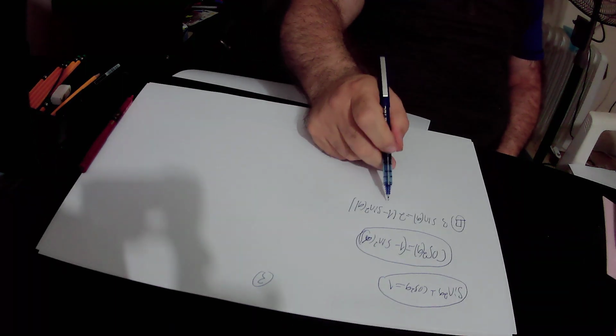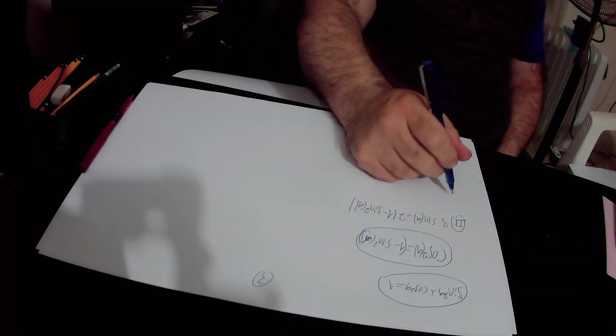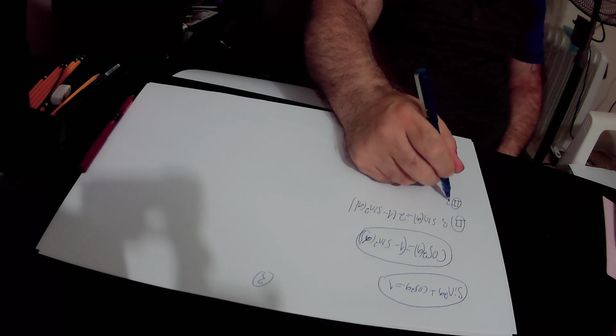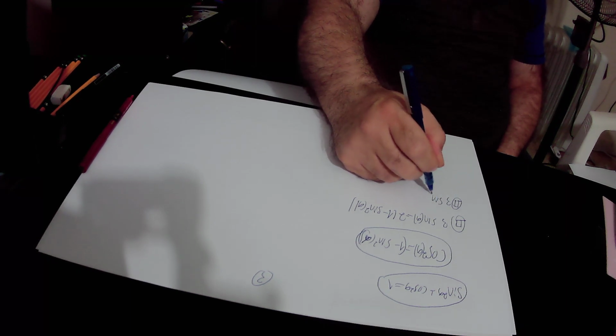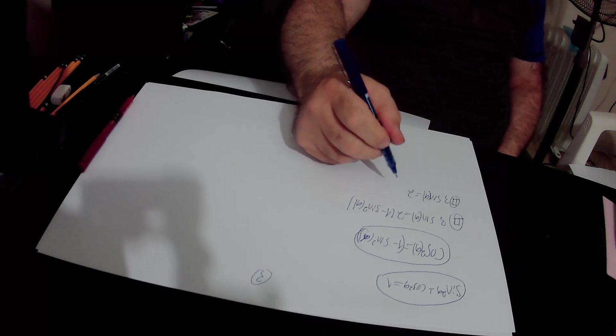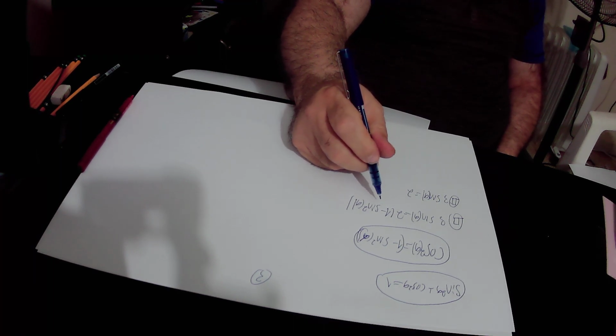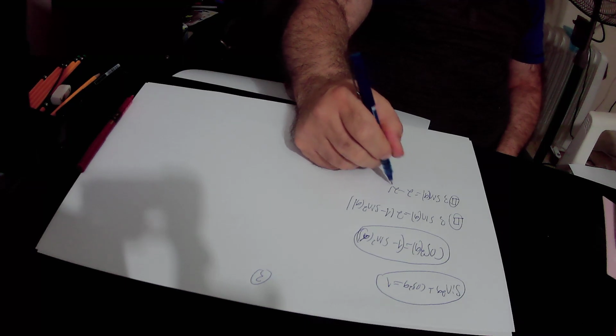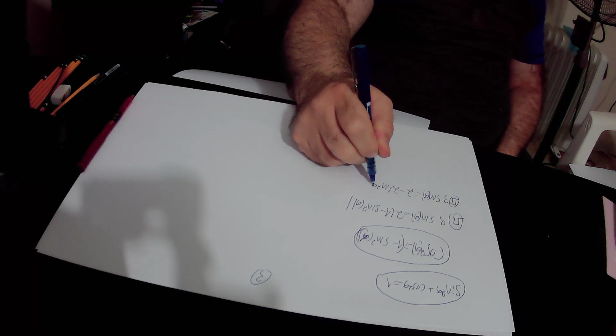We will open the brackets on this side of equation number 2, and we will get that 3 times sine alpha equals 2 times 1 is 2, 2 times minus sine square alpha equals minus 2 times sine square alpha.